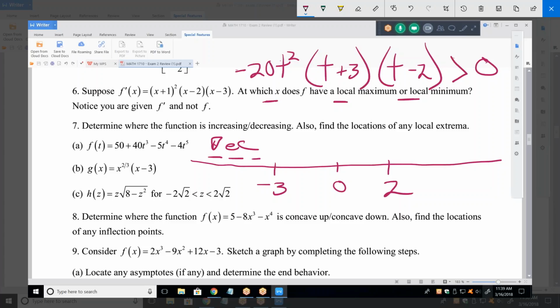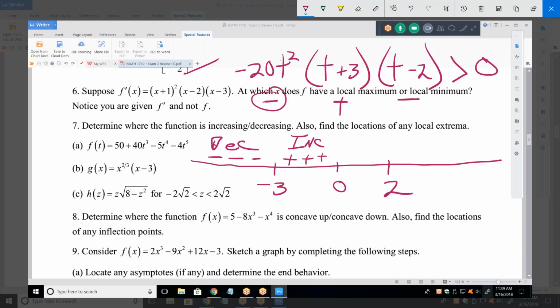Next, -1. -1, that stays negative, that becomes positive, that stays negative, so it's positive in this area. That means it's increasing because we're looking at the first derivative. In other words, that is a first derivative.